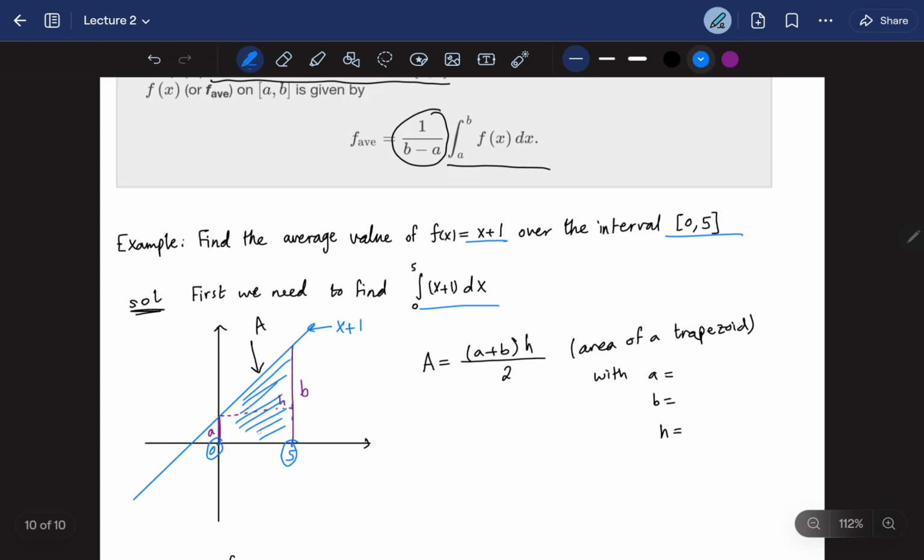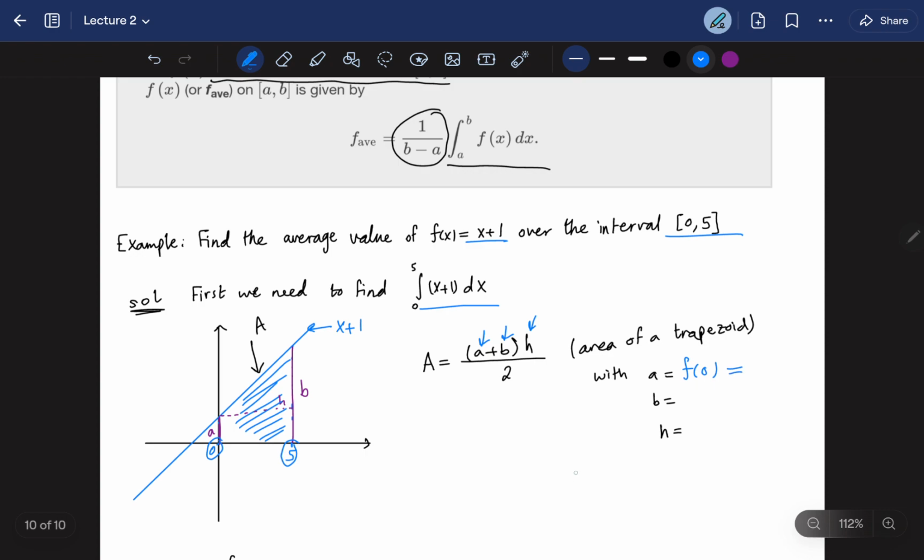So this is going to be my area under the curve that I want to find, which is the area of a trapezoid. So we just want to find a, b, and h, which are my two bases and the height. Similarly to what we did before, a is just f of 0.